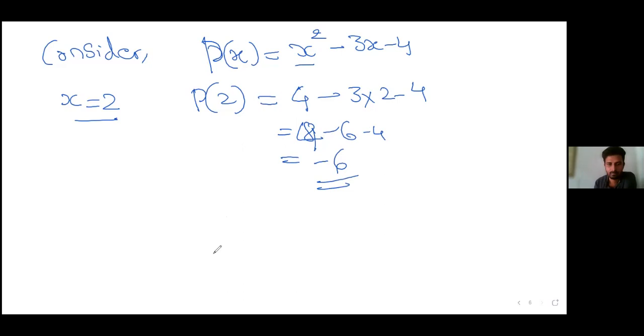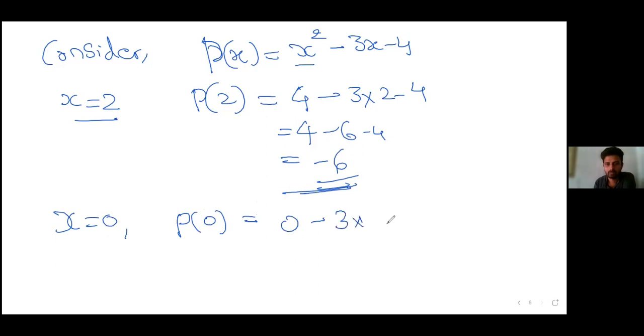Yes. So this will be minus 6. Similarly, I put the value x is equal to 0, that is p of 0, that will be 0 minus 3 into 0 minus 4. So this will be minus 4.